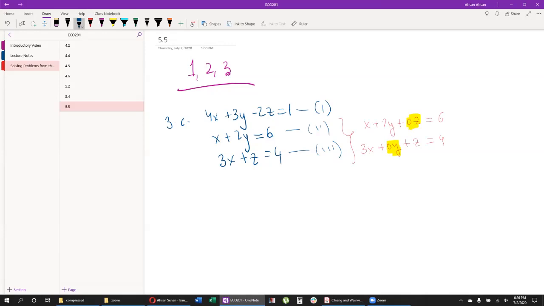So when you're trying to convert this into a matrix equation, a common mistake might be to write it in this form: 4, 3, minus 2, 1, 2, 3, 1. You don't know what this and this are, so you put 0, times x, y, z equals 1, 6, 4.